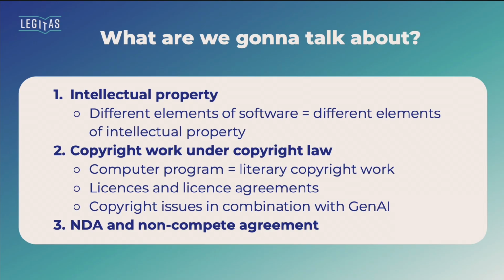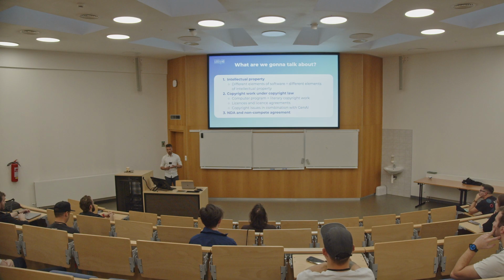It is a big group of rights which is divided into two groups: copyright law and industrial rights. Many of the elements of software, in terms of source code, UI, documentation, and so on, can be protected by different elements of intellectual property rights.